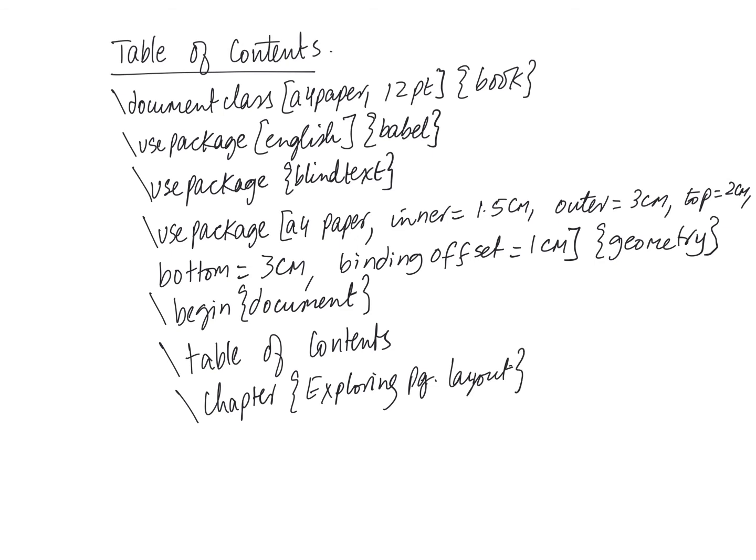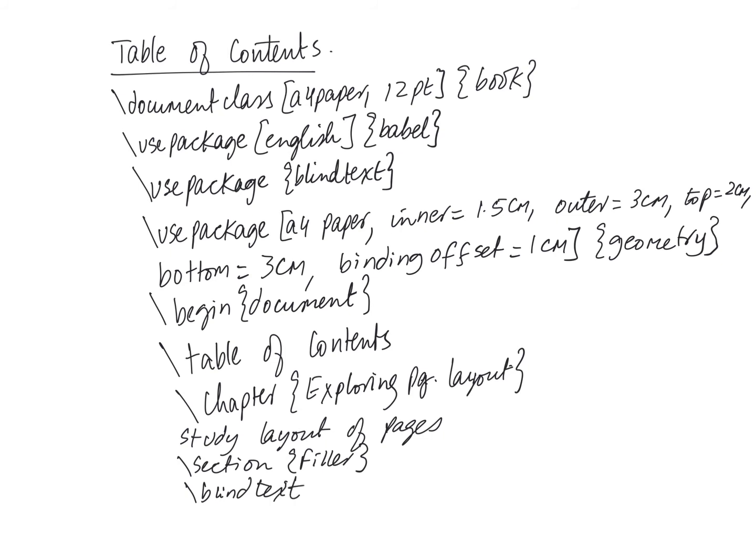And then whatever we want to write, study layout pages. And then we'll put some blind text or maybe create a section. Let's name it filler. And let's put in some blind text.